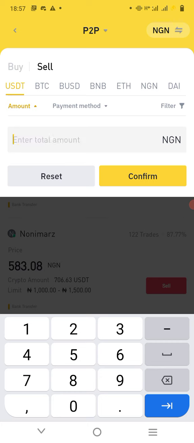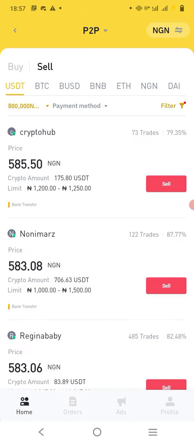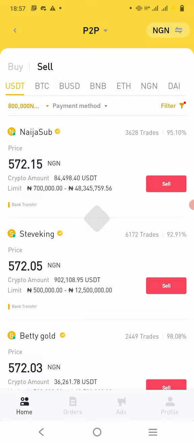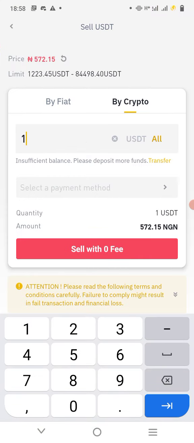What we are dealing with is about 800,000, based on our capital. Now look here. What can you see? How much do we have? We have 819,900. So it means in using 800,000, you'll be making 19,000.